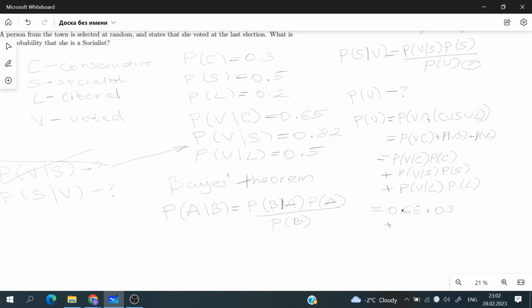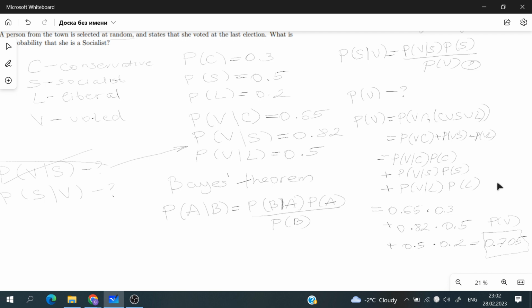V given S equals 0.82 times 0.5, and plus 0.5 times P of L equals 0.2. So let's crunch these numbers into the calculator and find out this equals 0.705. Now we found that this number, this is our P of V, correct?